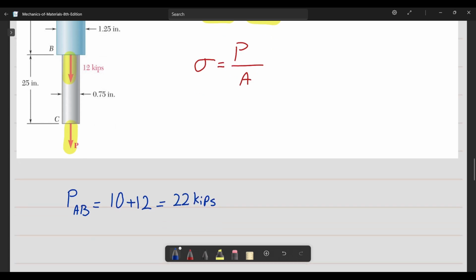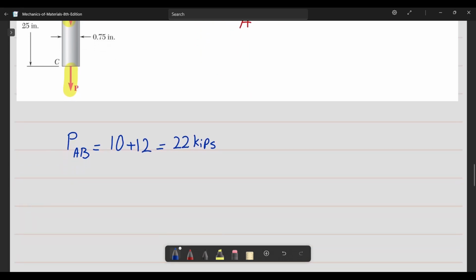The area for member AB is easy to obtain since we already know the diameter. I will use the formula we converted in the previous session. The area of AB equals pi divided by 4 multiplied by the square of the diameter of member AB, which is d sub 1.